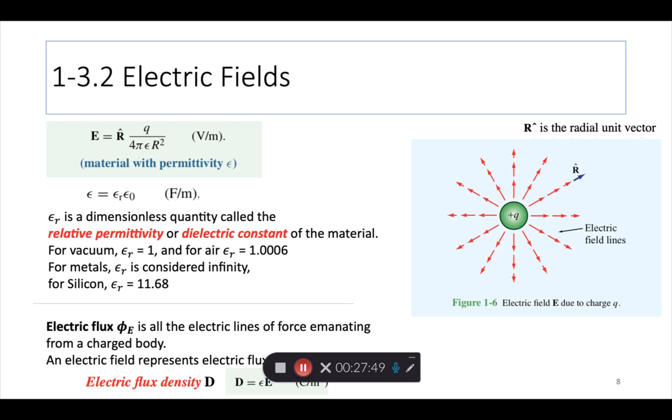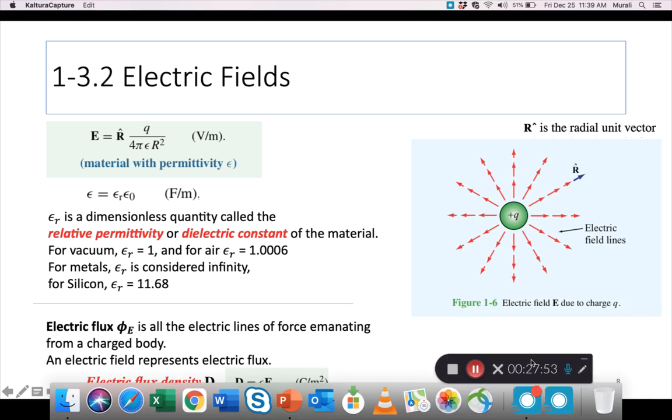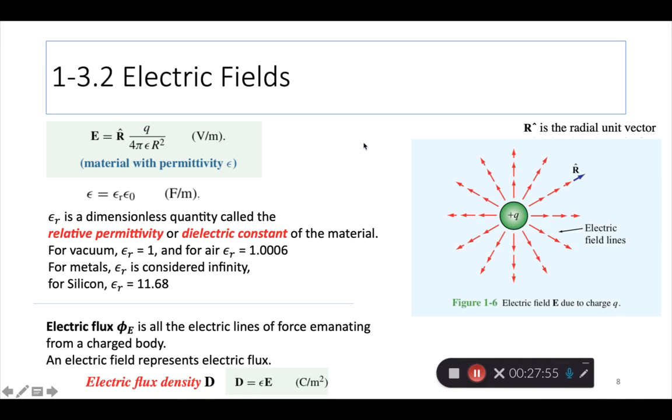Some more definitions, all still related to electric fields. Now I mentioned free space, right? Previously, we had a formula with epsilon 0 for free space. But what if we are not in free space and we are in some material? Let's call it steel, right?